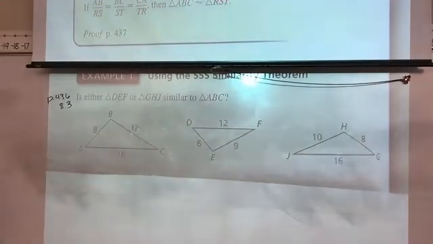Okay, so our question here is, is either DEF or GHJ similar to ABC? So we want it similar to this one. You're going to have to match up. They color coded it, so it's a little bit easier.